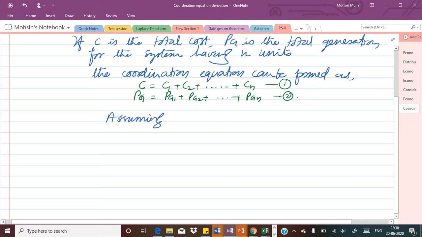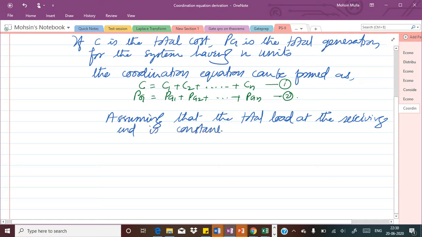Assuming that the total load Pd at the receiving end is constant, we can write Pg minus PL equals a constant, Pd.